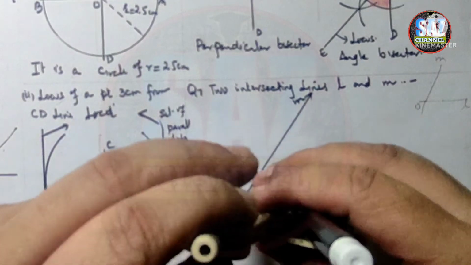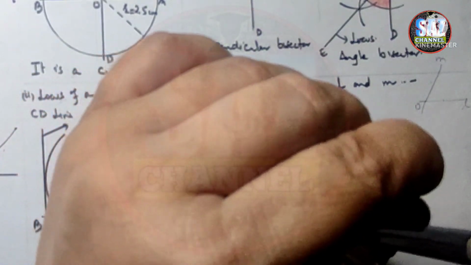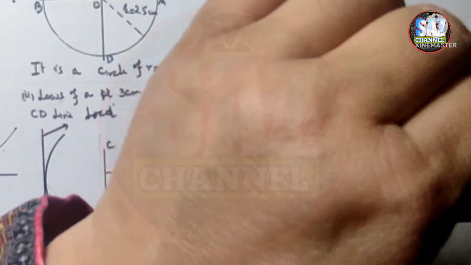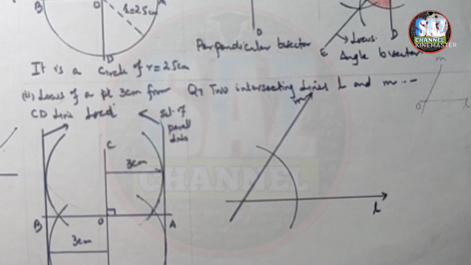And recall the procedure: we have to open the arm of the compass to a suitable radius, take the point of intersection of the lines, suppose vertex O, as the center, and draw an arc.